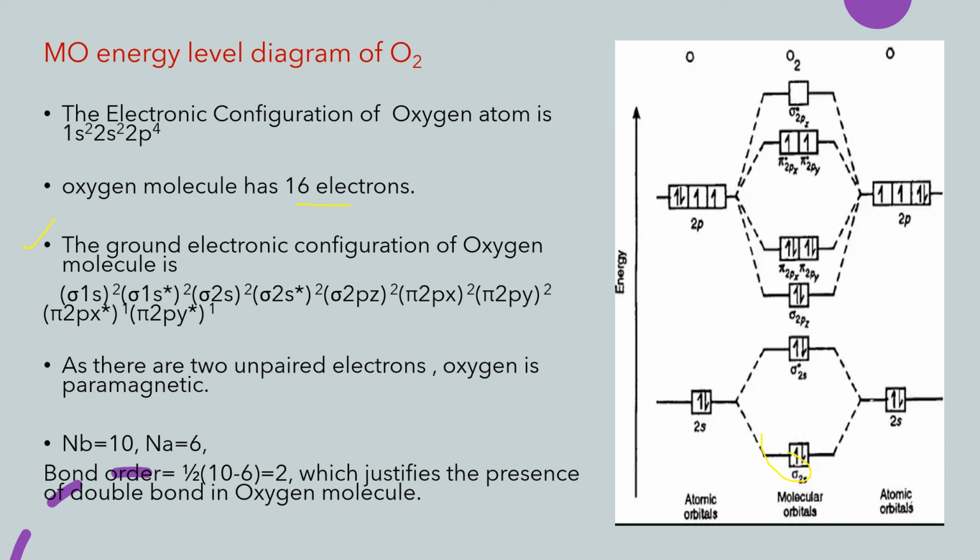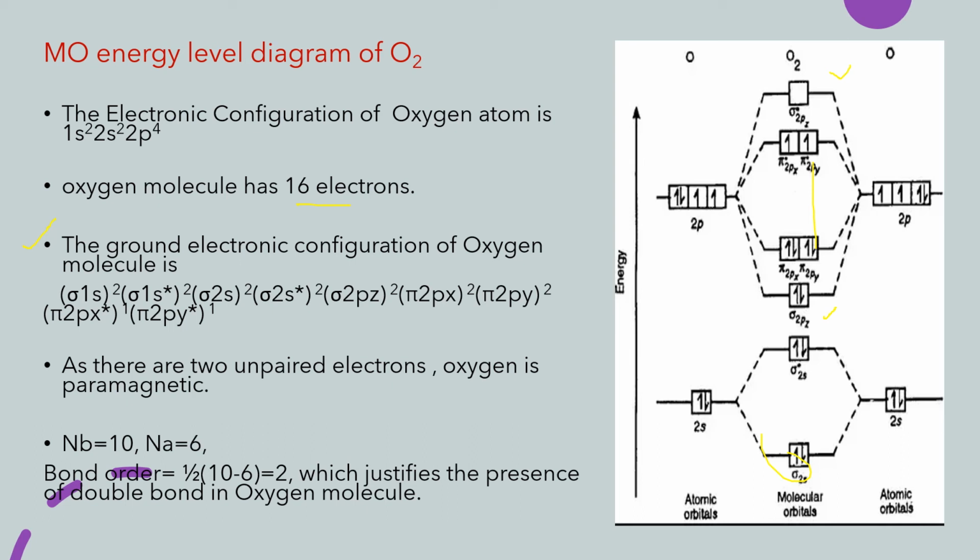And the 2p orbitals also overlap and form molecular orbitals. Since the nucleus size is larger, 2pz bonding is lower and 2pz antibonding is of higher energy. Then next 2px and 2py bonding and 2px and 2py antibonding. This is the MO diagram for the oxygen molecule.